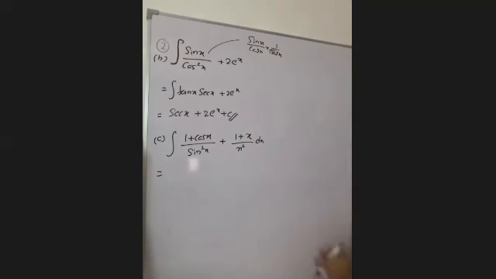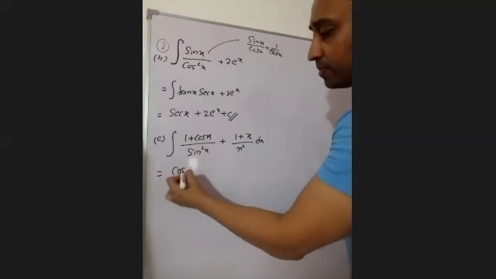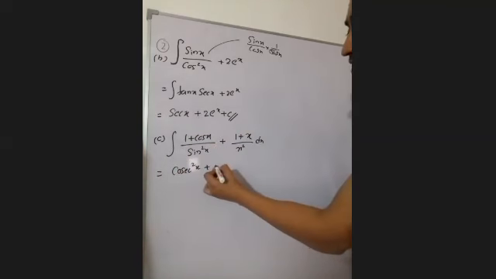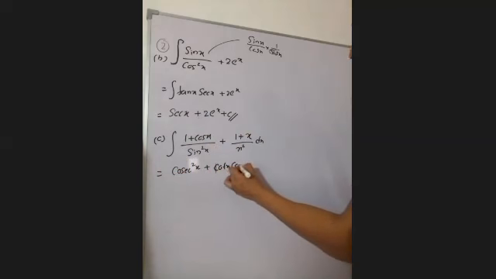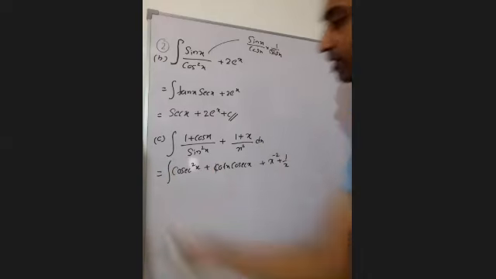Since the denominator is just a single term, we can divide the entire terms by sin squared x. 1 over sin squared x becomes cosec squared x, plus cos x over sin squared x turns into cot x cosec x, plus 1 over x squared is x to the power minus 2, plus x over x squared is 1 over x, which is the part we have to integrate.